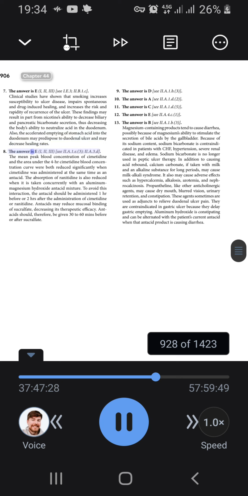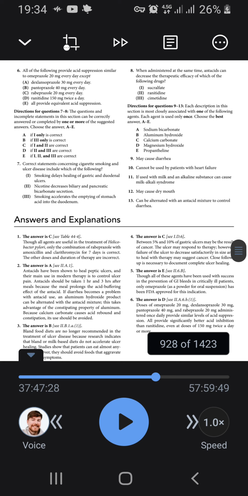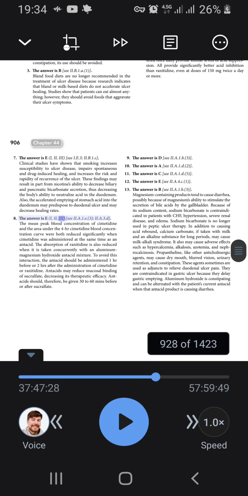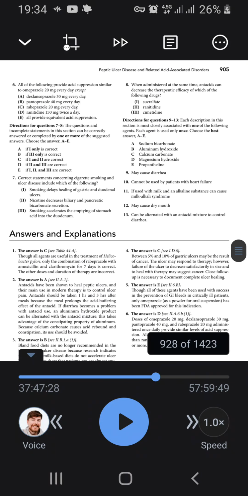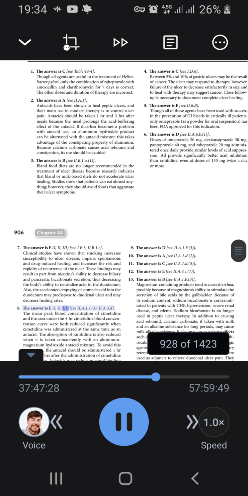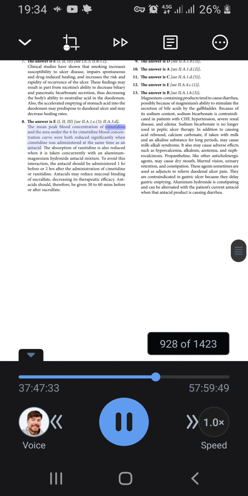8. The answer is E. The mean peak blood concentration of cimetidine and the area under the 4-hour cimetidine blood concentration curve were both reduced significantly when cimetidine was administered at the same time as an antacid.